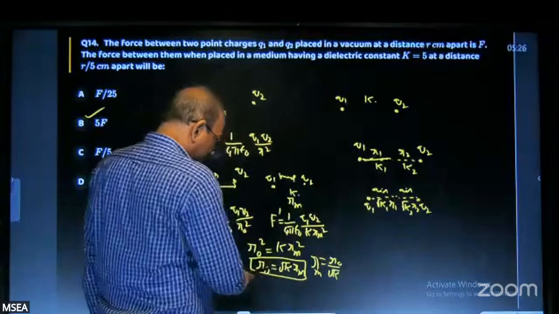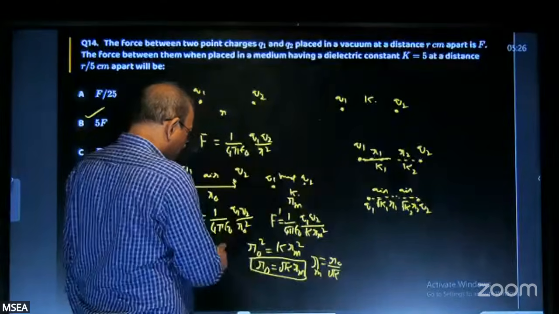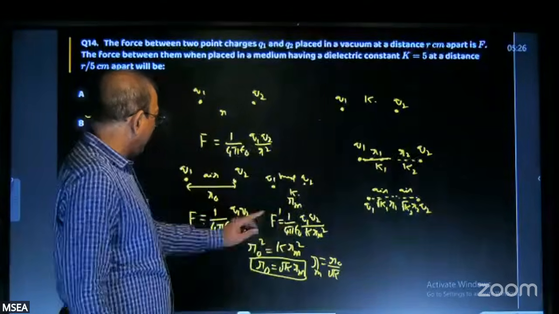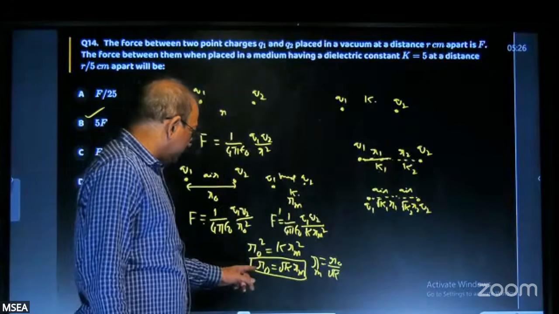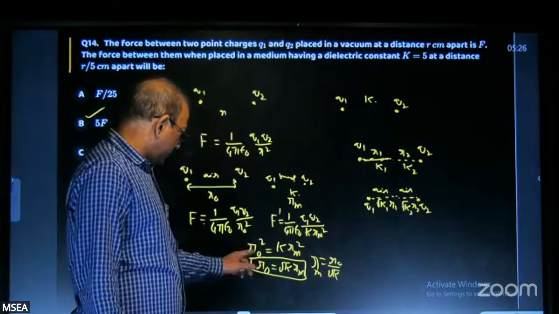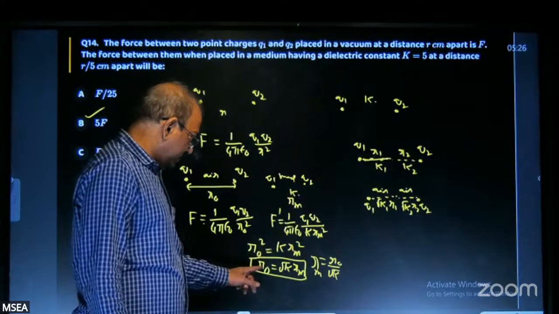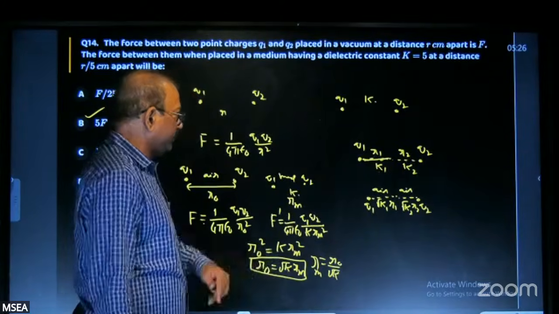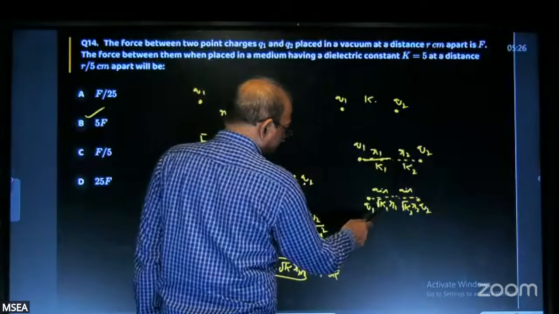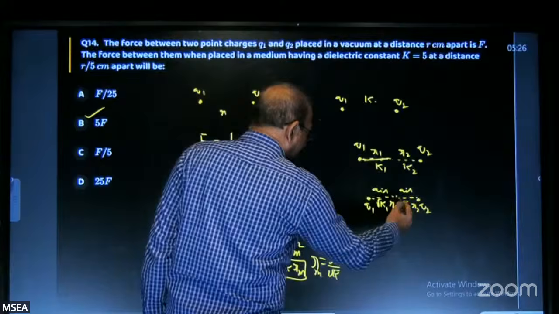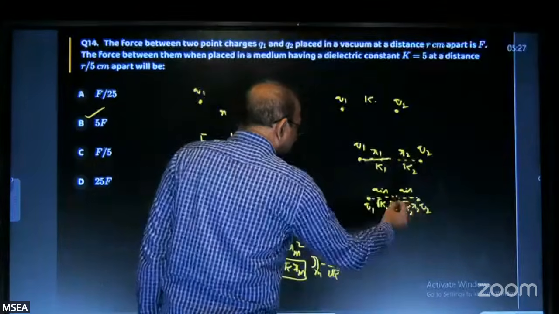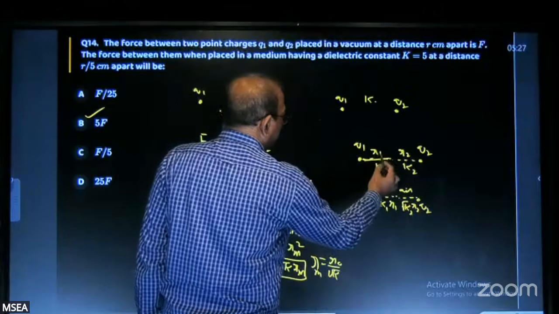This is the equivalent distance to have the same force in both cases, with air between them or with a dielectric medium between them. The relation between distances is: distance in air is root K times distance in medium. So assume full air is there, but the distance between them is not R1 plus R2.